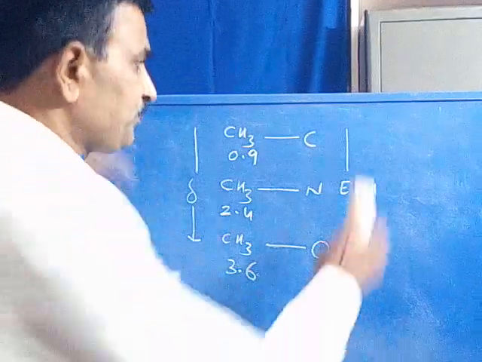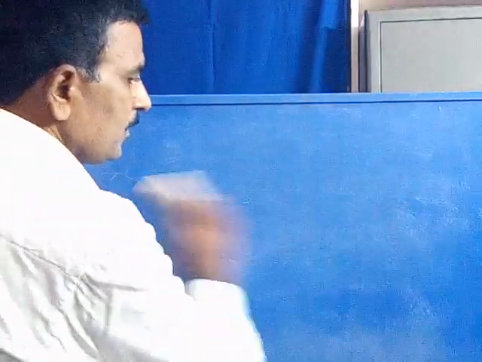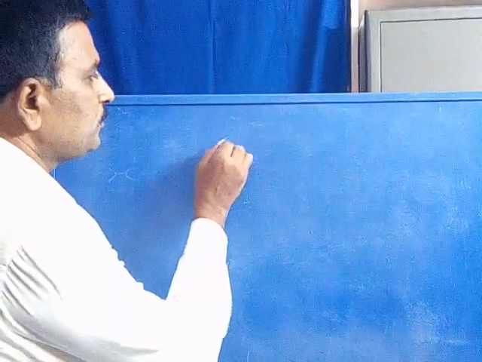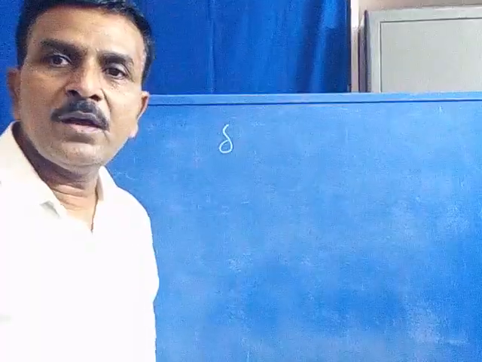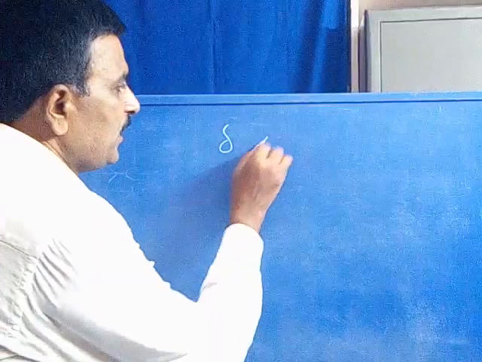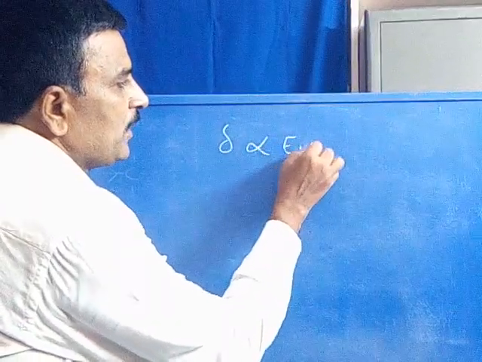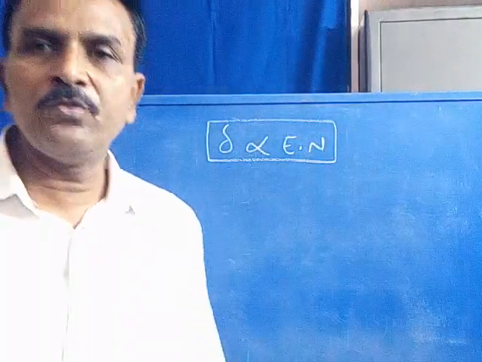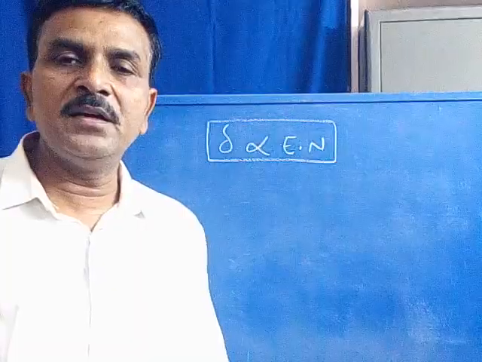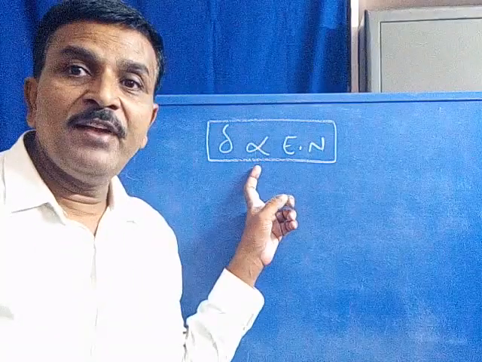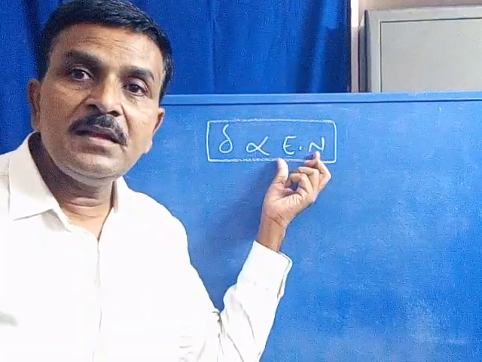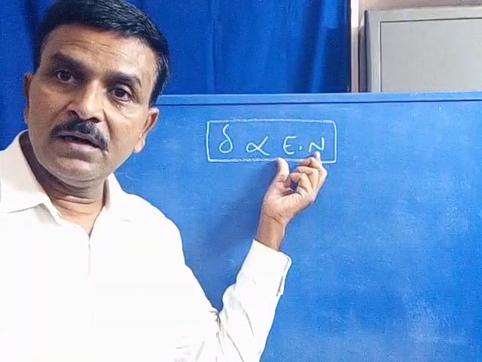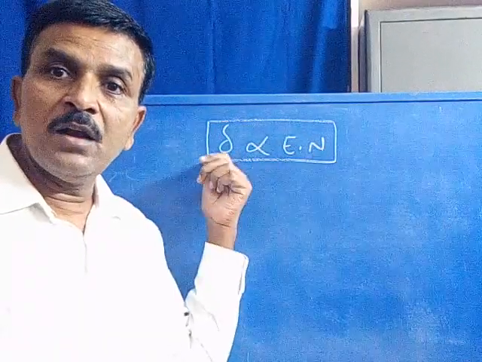In brief, the delta values of protons in a molecule are directly proportional to the electronegativity of the adjacent atom. What does it reflect? As the electronegativity of the adjacent atom increases, the delta values also increase.